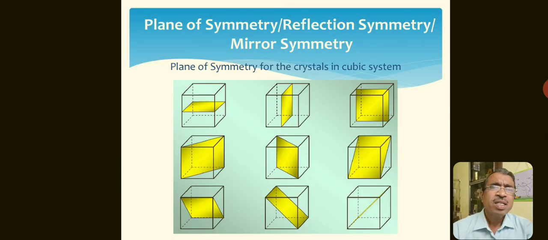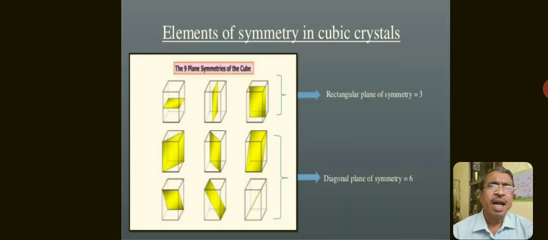This slide shows there are 3 rectangular planes of symmetry in the first 3 cubes and 6 diagonal planes of symmetry in the rest of the 6 cubes. In total, there are 9 planes of symmetry. Another slide also emphasizes the same thing, the 9 planes of symmetry.